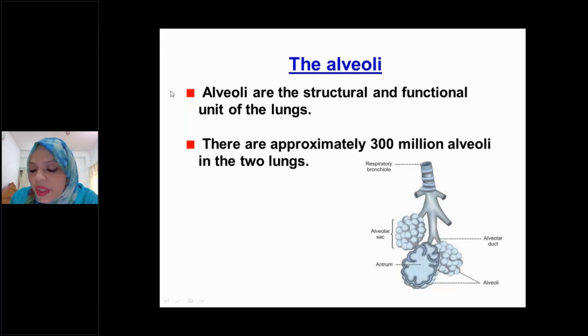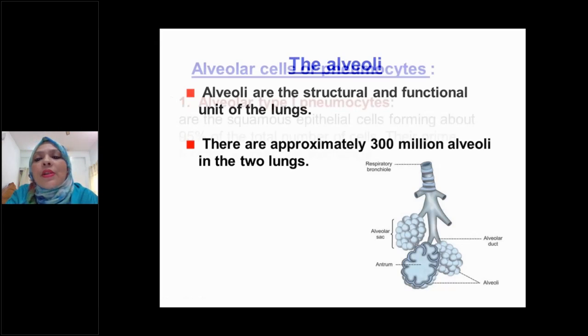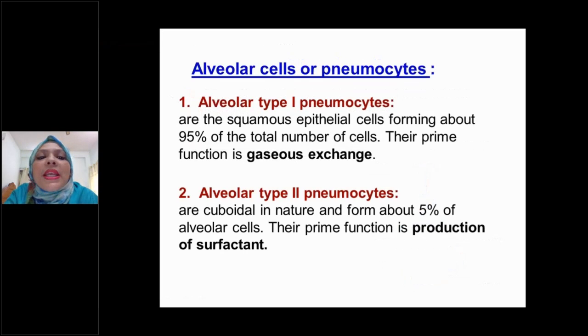Already you finished everything in anatomy, thorax. Okay, now alveolar cells or pneumocytes. How many alveolar cell types are present in the lungs? Mainly two types, that is alveolar type 1 pneumocytes and alveolar type 2 pneumocytes.